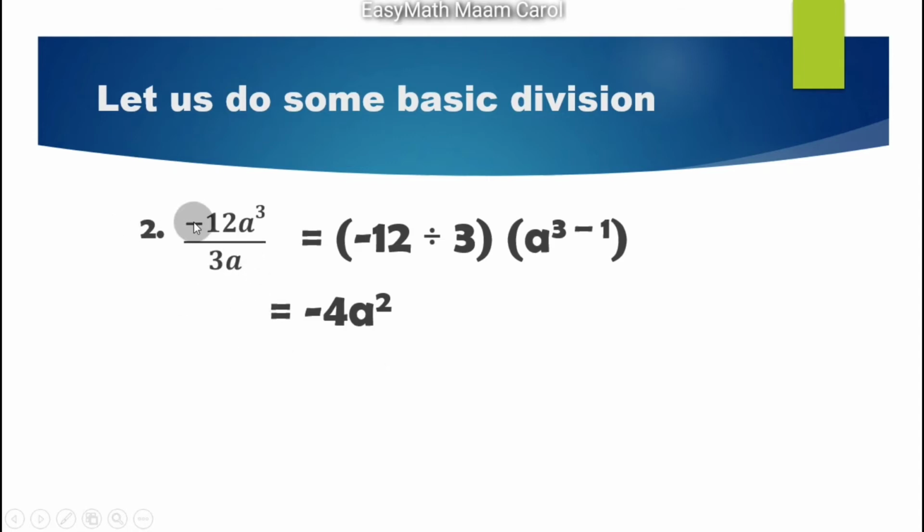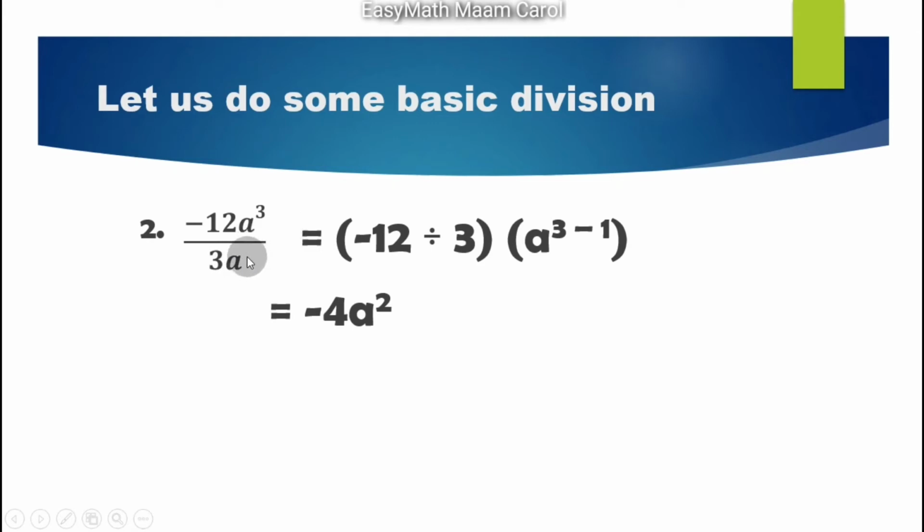Example number 2, we have negative 12a cubed divided by 3a. So again, simple division for the coefficient. Negative 12 divided by 3 is negative 4. And for the exponential, just subtract the exponent, 3 minus 1. Bakit minus 1? Kapag ang iyong variable ay wala kang nakikitang exponent, hindi yan 0.